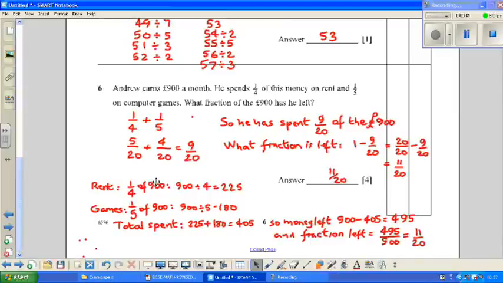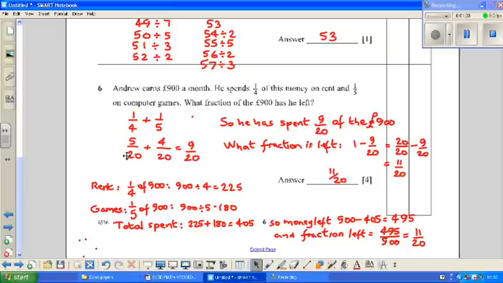So the best thing to do here is to change them into 20ths. So we're going to change 1 quarter into something over 20, and we're going to change 1/5 into something over 20. Looking at the quarter first, to change the 4 into a 20, we've multiplied by 5, so we'll multiply the top by 5.